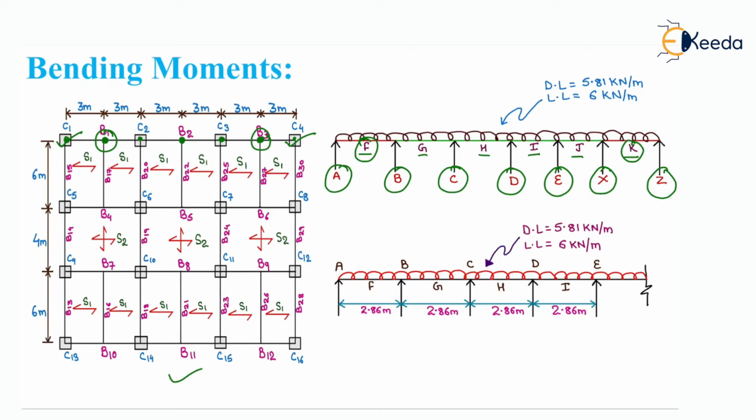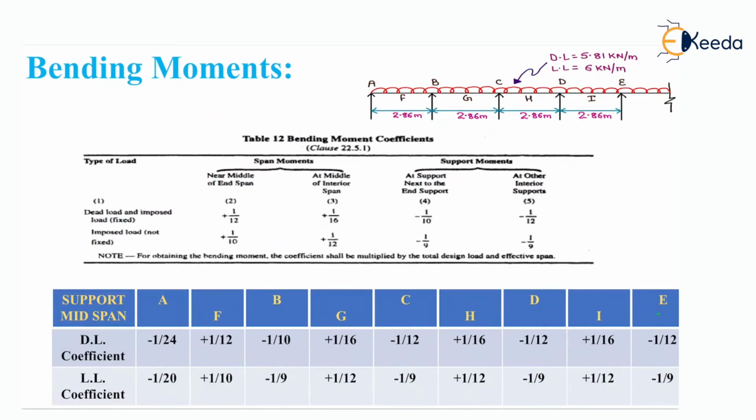Due to symmetry of the structure, we had taken only a particular section of the continuous slab because the calculation is the same for the rest of the section. In this way, we will draw this table and fill in all values of dead load coefficient and live load coefficient from table number 12 for calculating bending moment.